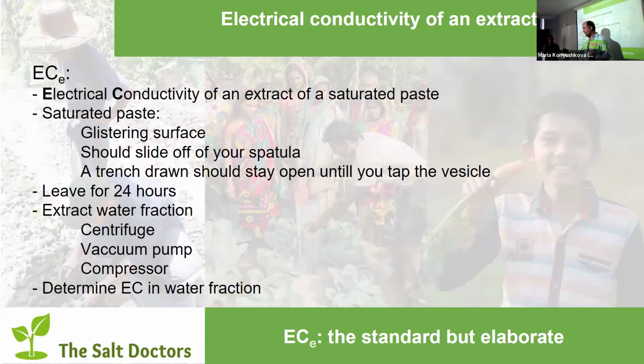Okay, what do you think, will they give a higher or a lower value than your ECE? If I do a 1 to 2 method in the same sample as an ECE, will the 1 to 2 method give me a higher or a lower EC value? Lower compared to the ECE, correct, because you've diluted it with more water.